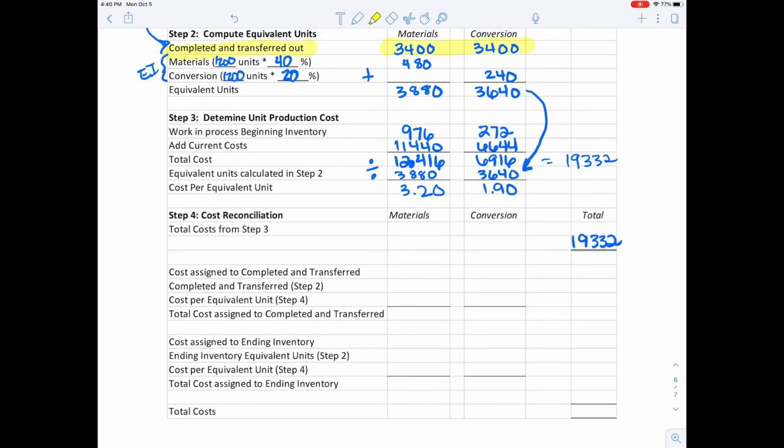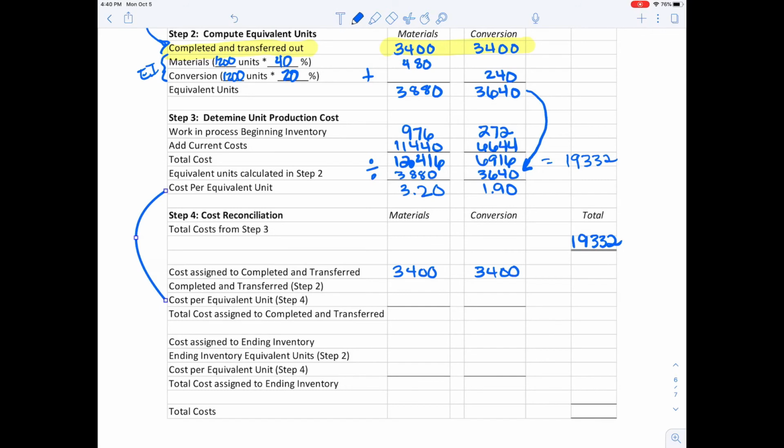So I'm going to go back up here, find my completed and transferred out amount, and bring those numbers down. I'm going to multiply that by my cost per equivalent unit that I just determined. Actually, not coming from there, coming from that last line, just so we're not confused.